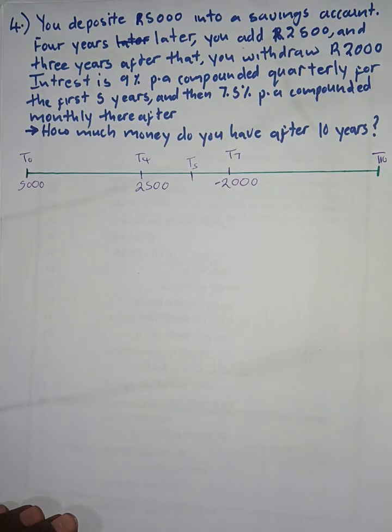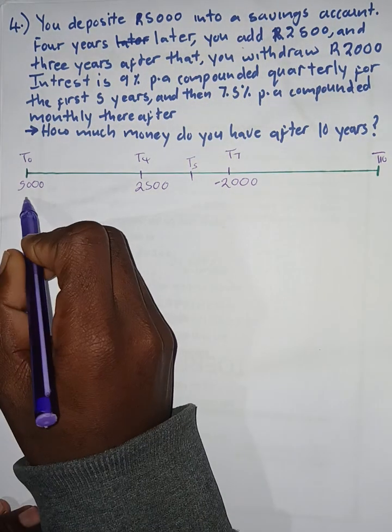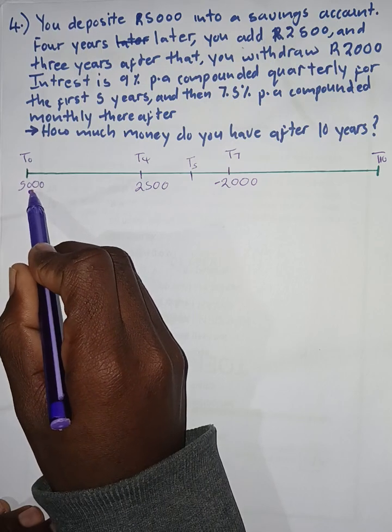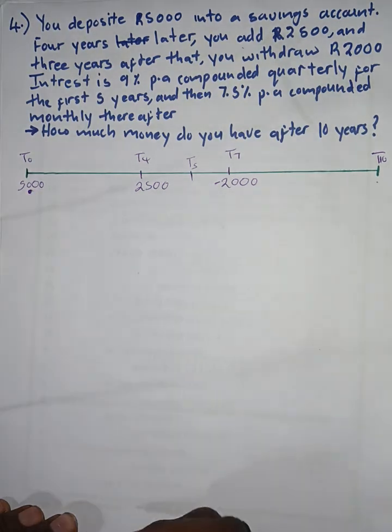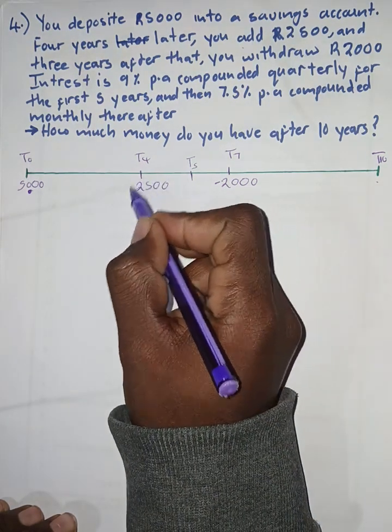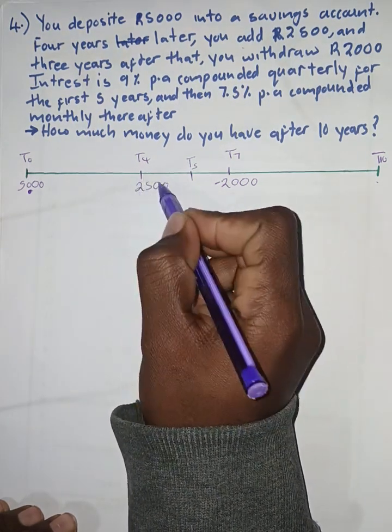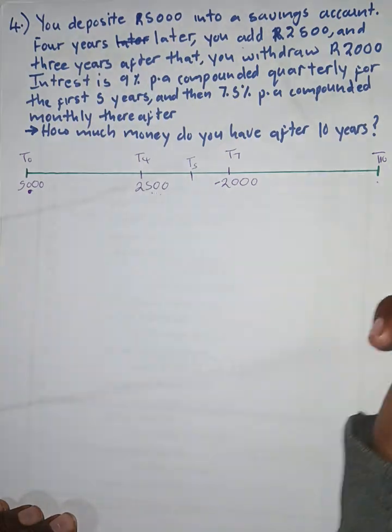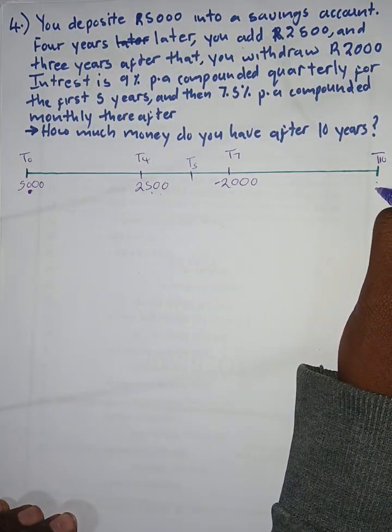So in this case, what I'm going to do is try to find out how much this 5,000 will be worth after 10 years. And then I would still take this 2.5 and ask myself, how much would that 2.5 be worth at T10?